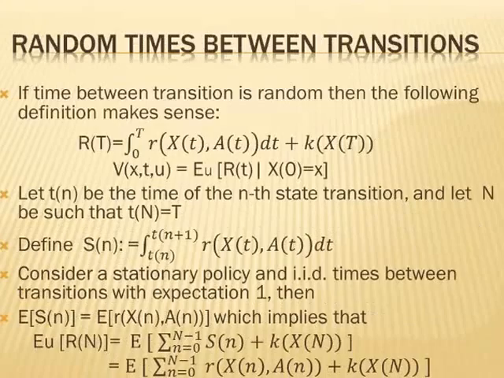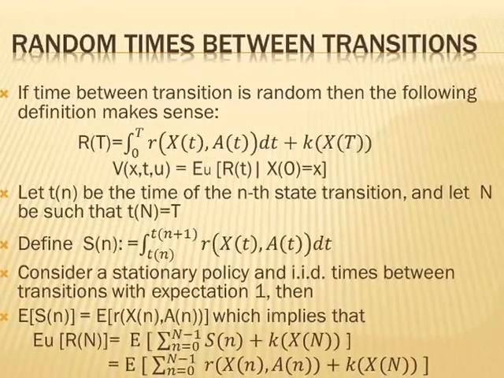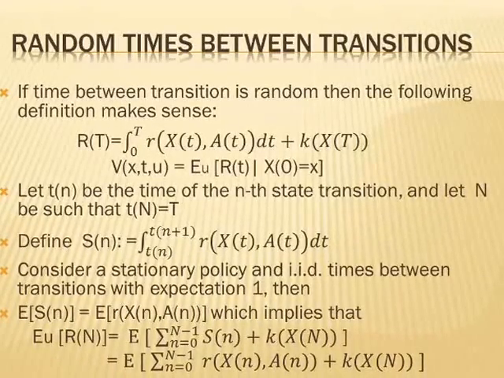So the meaningful cost that we should have if transition times are random is to replace the summation over the slots now by an integral over time of the reward plus the terminal reward, and take the expectation of this.